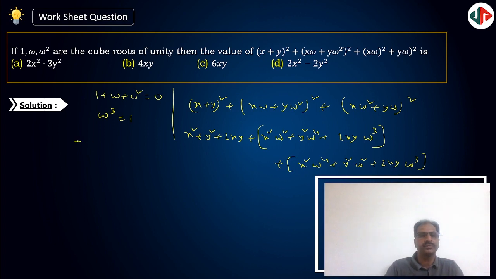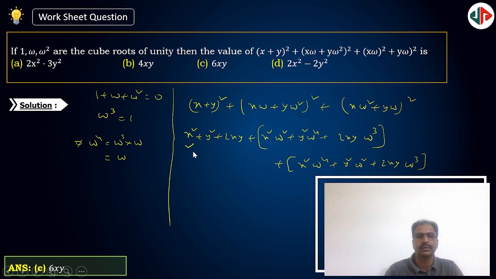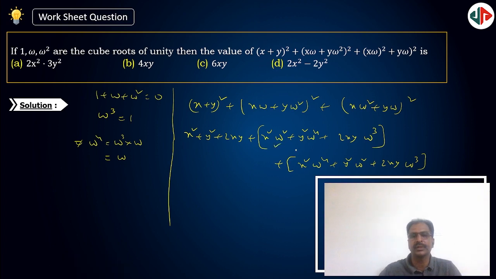Now omega cube is 1 implies omega power 4 is omega cube into omega, which is 1 into omega, omega. Now I can take x square common from these three.